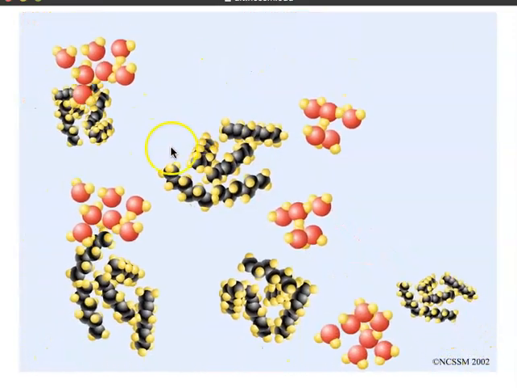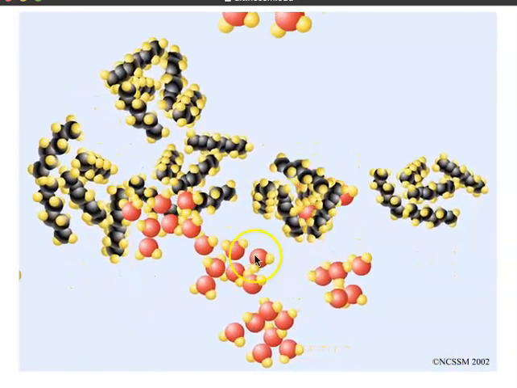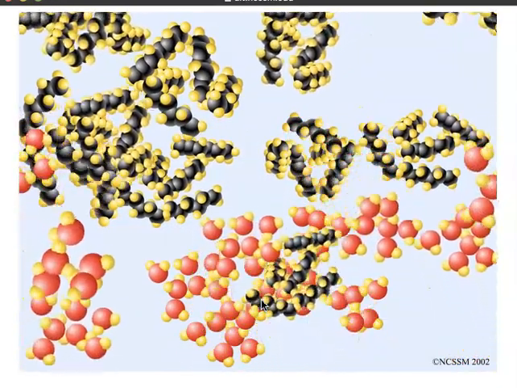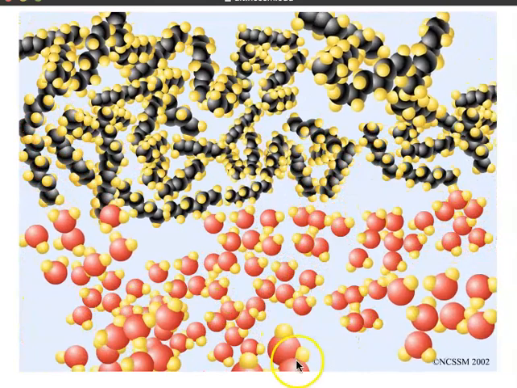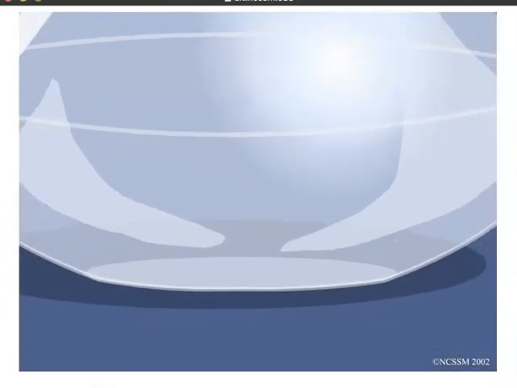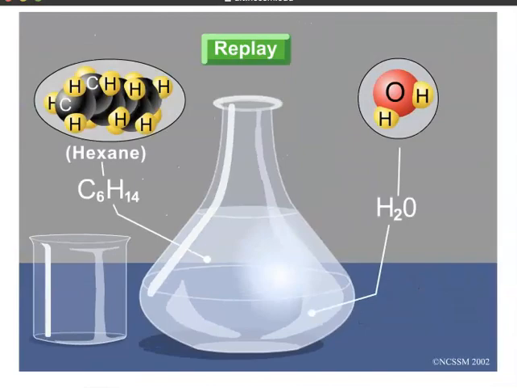And so you can see the nonpolar things hung out together, all the little water molecules hanging out together, and they don't want to play together. What we end up with is a heterogeneous mixture, right? Where the oil layer is on top and the water layer is on the bottom. And there we see that separation of phases.